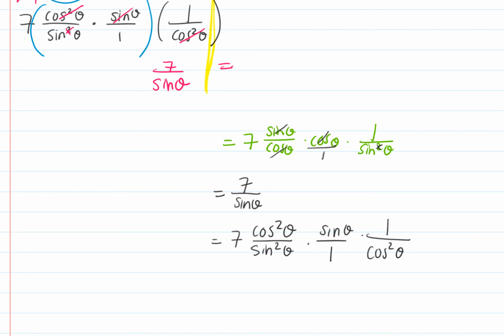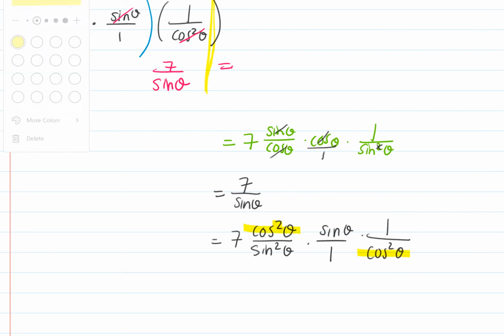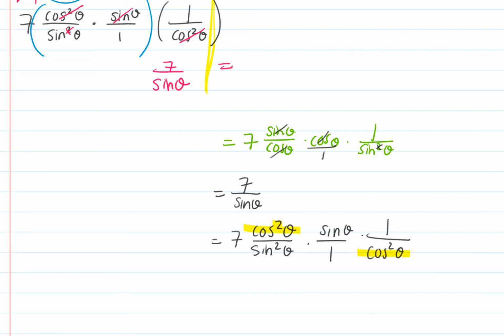But I can see that that's true. We can see that you would cancel this guy with this whole term. We would see that you would cancel this term with the squared bit, so one of the sine thetas with one of the sine thetas. You can see why this is true. It just wouldn't have been obvious to go about it this way.